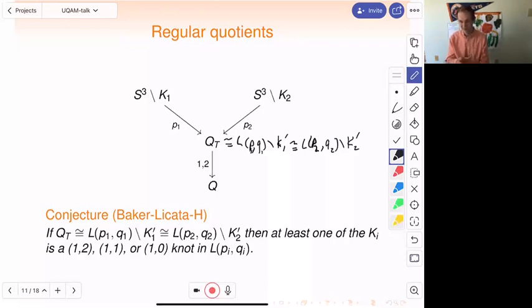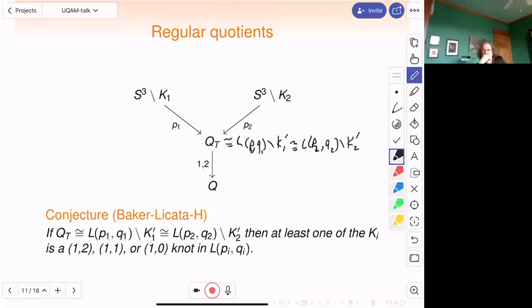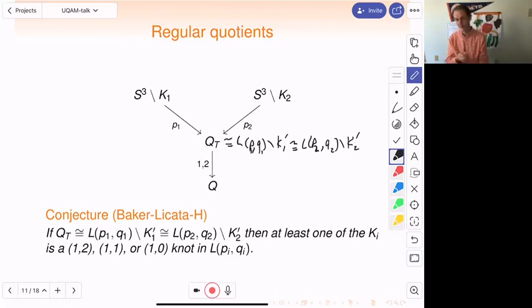And the conjecture is a little more amorphous, but it says that you can pick one of the two lens spaces here, and the knot, so let's just say L(P1,Q1) minus this K1 prime, that knot should be realized as either a 1-1 or a 1-2 knot in the lens space, or a 1-0 knot if we're just putting the whole picture together.